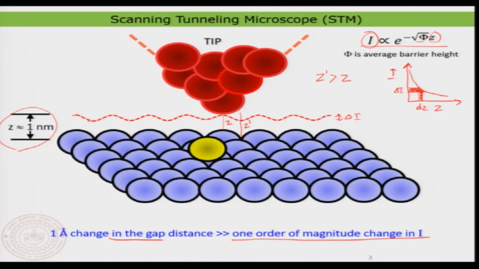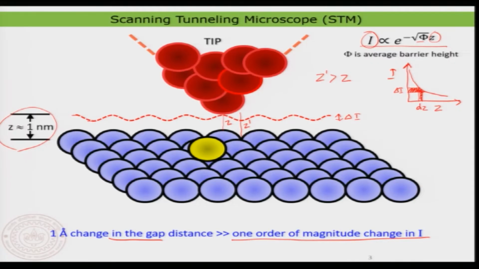Yeah. This is nice. What do you see in the line profile? In the current line profile you see a nice profile that you have created, which is exactly replicating the atomic lattice. That means you have resolved the atoms. This is exactly the principle on which the STM works.